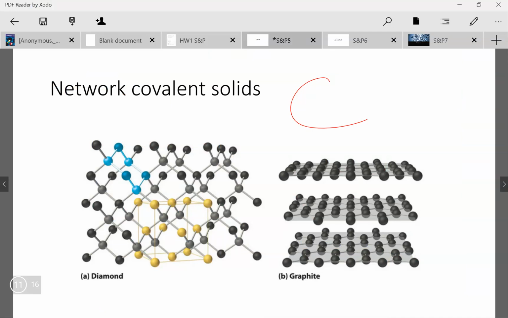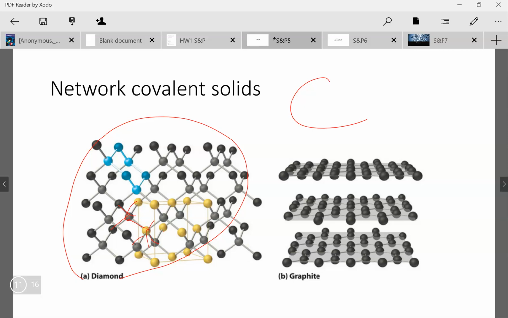So if you take the case of diamond, the entire diamond is basically one entire molecule, because there's just a bunch of carbons that are attached to each other in equal ways. So this carbon has 4 covalent bonds to 4 other carbons, which again has 4 covalent bonds, which again has 4 covalent bonds, and so on and so on. And it's just one big molecule.